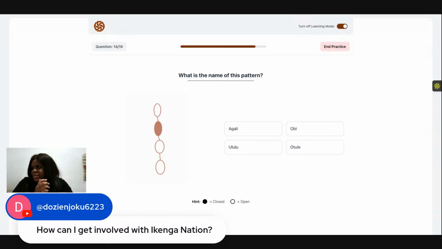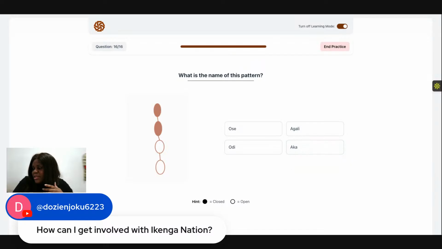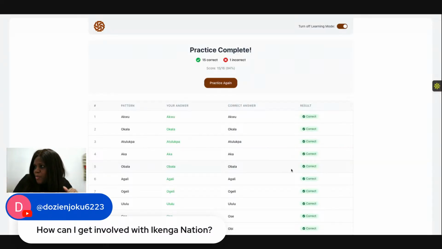This is Otule. This is definitely Apple. And this last one is Agali. We only got one wrong this time. We are getting better and better and better.